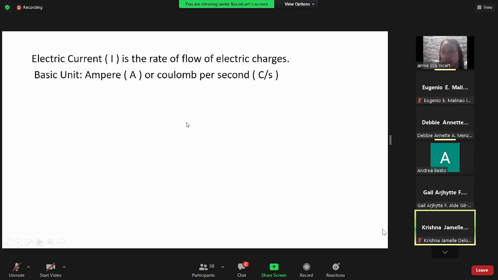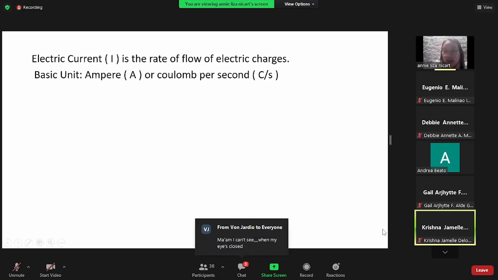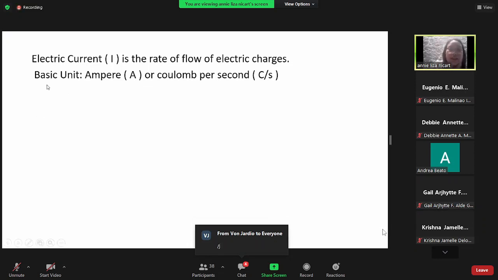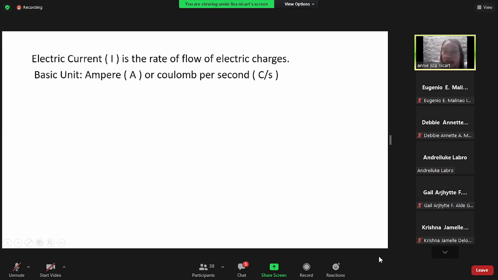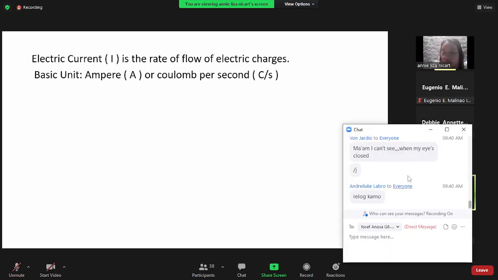Okay, that's capital I. Ang unit ng electric current ay ampere. Ang kanyang symbol ay uppercase na A. So kapag nakakita kayo ng number na may kasamang A, yan ay electric current.